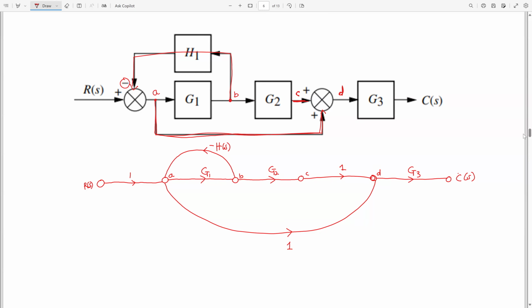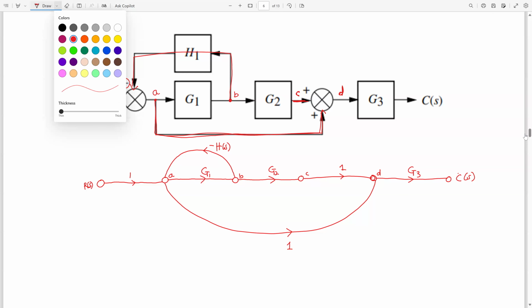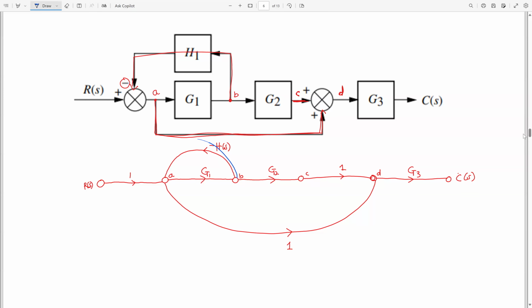Right. Now, mind you, I did not draw a curve between B and R of S, right? I did not do that because if I do that, then I'm trying to say that the output of this summing junction right here is the R of S, which is not the case.